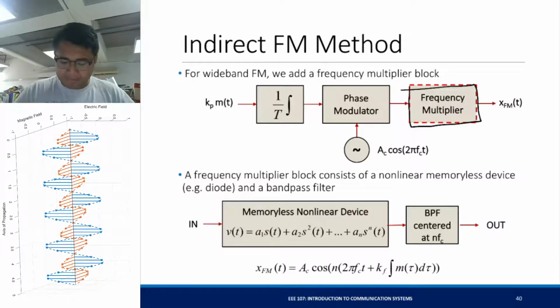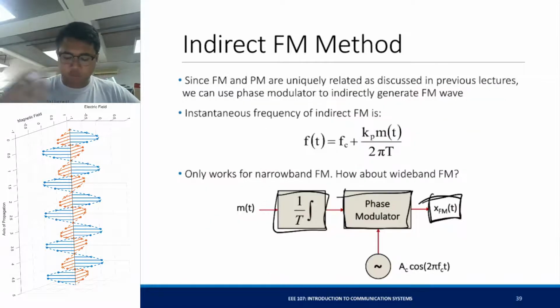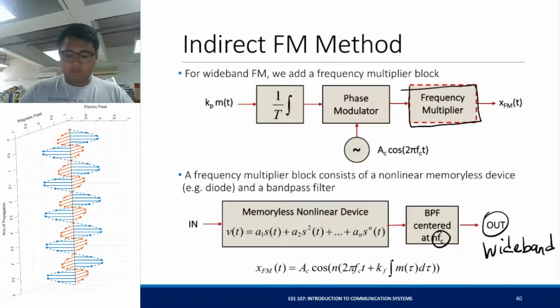And we use a bandpass filter centered at the desired frequency spectrum so that we limit the transmission bandwidth. And now you get your wideband FM signal. Okay. So the drawback of this is that you need more components to produce the signal. Okay.